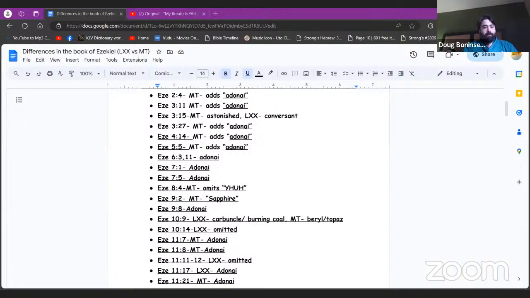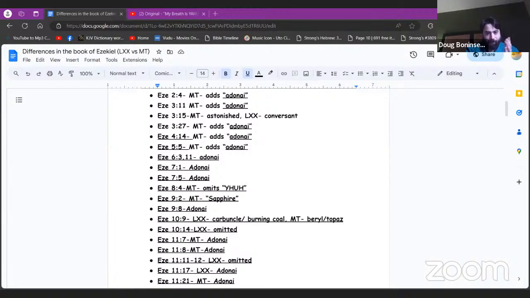So we're going to go to Ezekiel 2, verse 4. Let me see here. Where's the compare again? All right, parallel. Okay, 2 verse 4. So here's a perfect example.